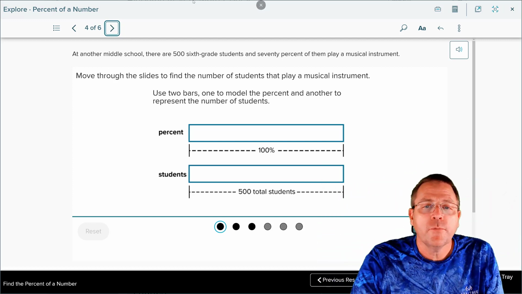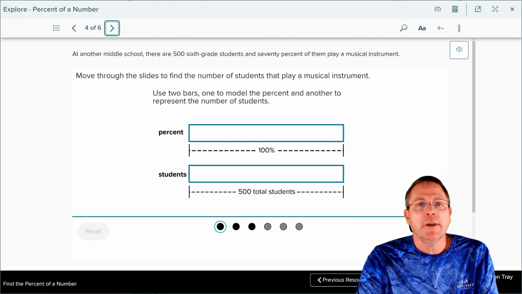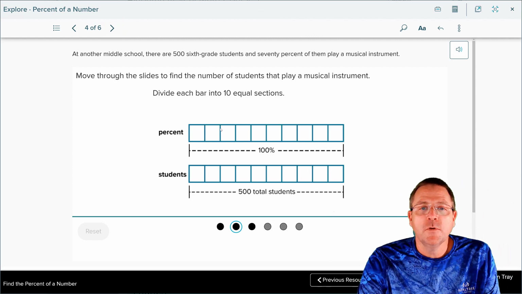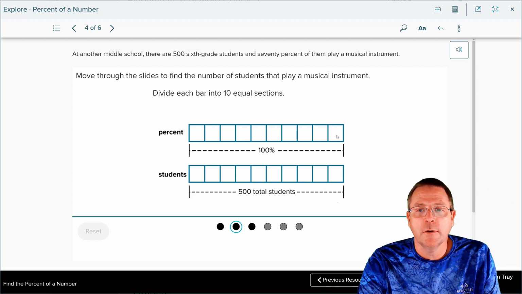So first off, the percent, we have 70% that plays the musical instrument. They broke these down into groups, so for the percent, it's going to be 10 groups, so that's going to be 10% in each group. For the number of students, you have 10 groups, so that's going to be 50 students in each group.